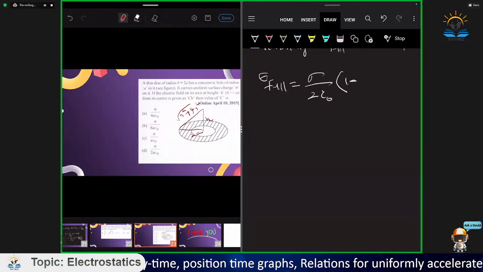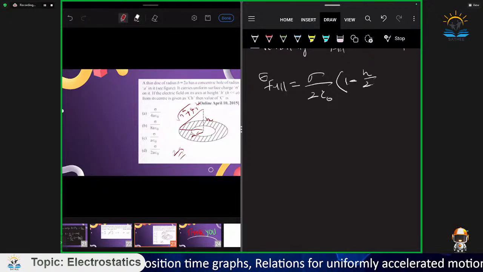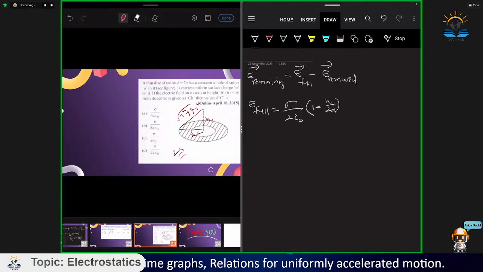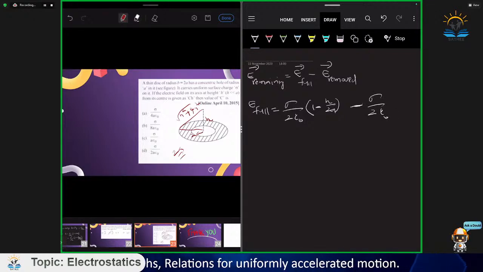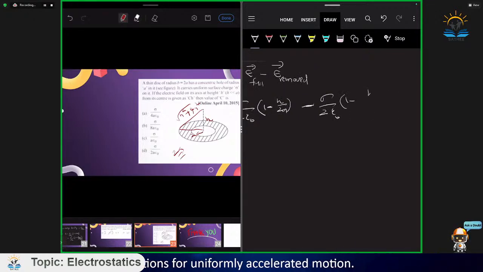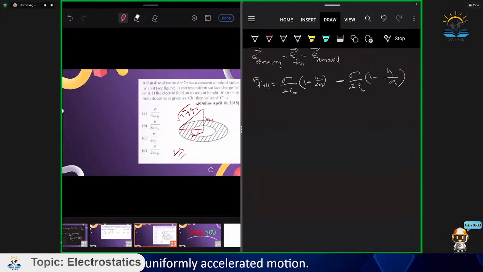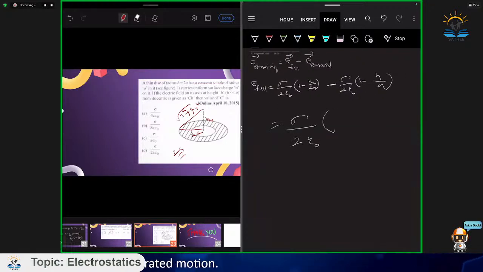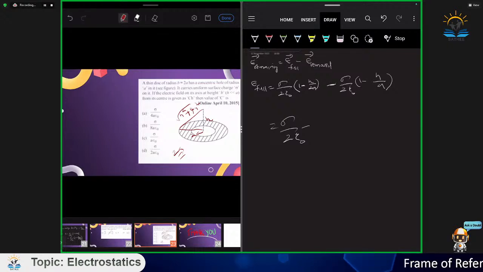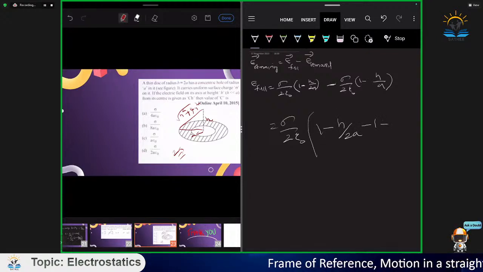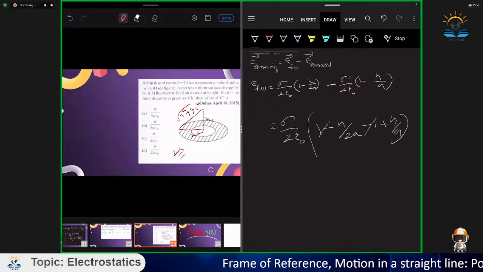So we get sigma by 2 epsilon (1 minus h by 2a), because h is very small, minus sigma by 2 epsilon (1 minus h by a) for the removed part. Taking sigma by 2 epsilon common: (1 minus h by 2a minus 1 plus h by a). Minus 1 plus 1 cancel.